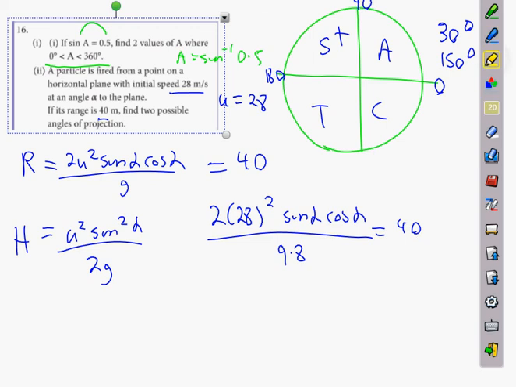There's a formula in your notes that relates this information here, 2 sine alpha cos alpha, okay? It's called the double angle formula. So what this means is that when you see 2 sine alpha cos alpha, in your notes there's a formula that says sine 2a equals 2 sine a cos a.